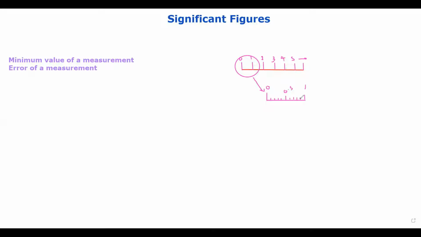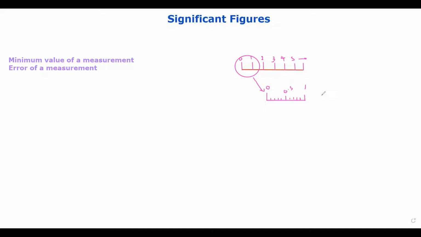Now, in this centimeter ruler, according to this scale, what is the minimum value? Minimum value means the minimum value you can read by using this particular instrument, ruler, or the scale of the burette, or graduated pipette, or measuring cylinder, anything.